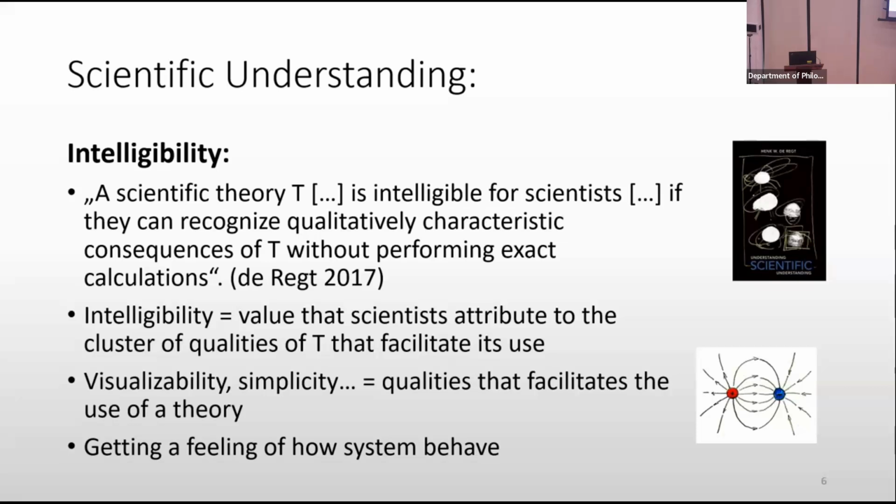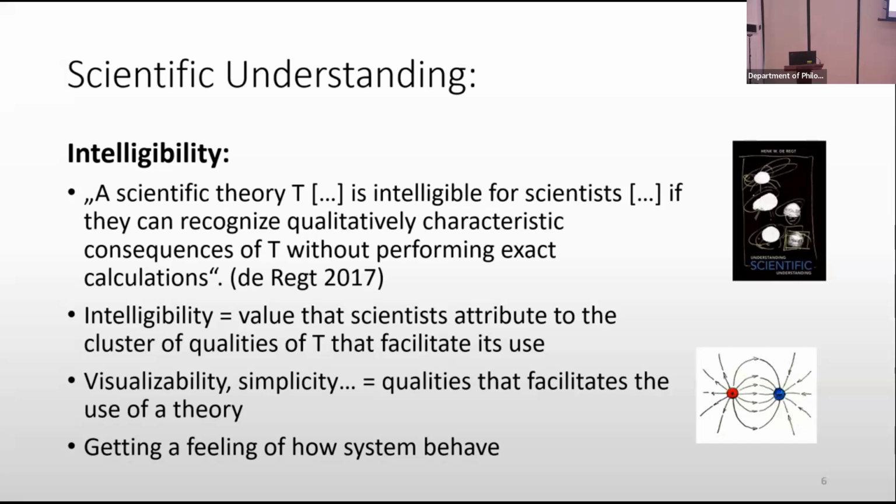I imagine that in both cases you can recognize something qualitatively characteristic. Even the one you have to put through the supercomputer, you can still recognize something qualitatively characteristic, but it has just a very limited set of consequences, whereas in the other one you can see so many different kinds of consequences in different contexts. It seems to me that the pen and paper model is more intelligible than the other model, although their predictions are both the same.